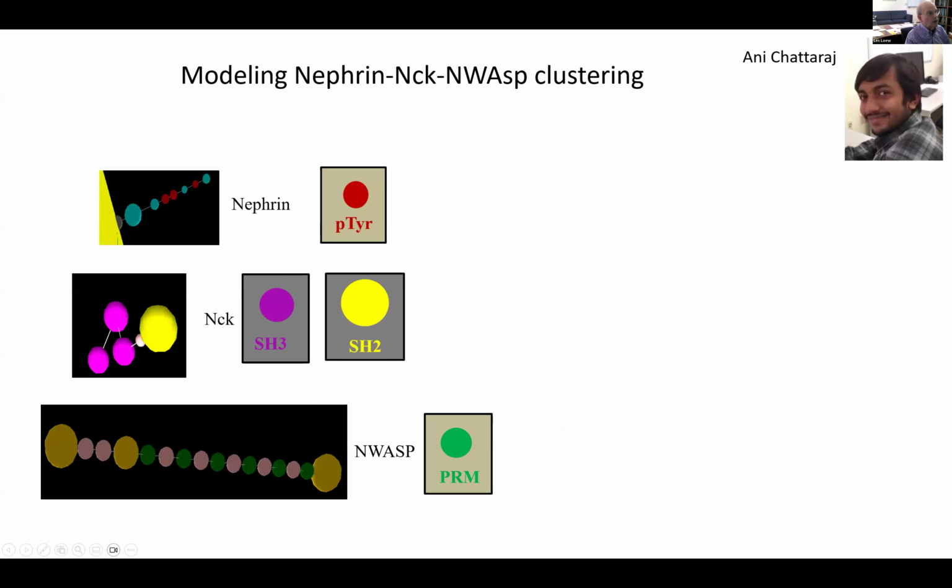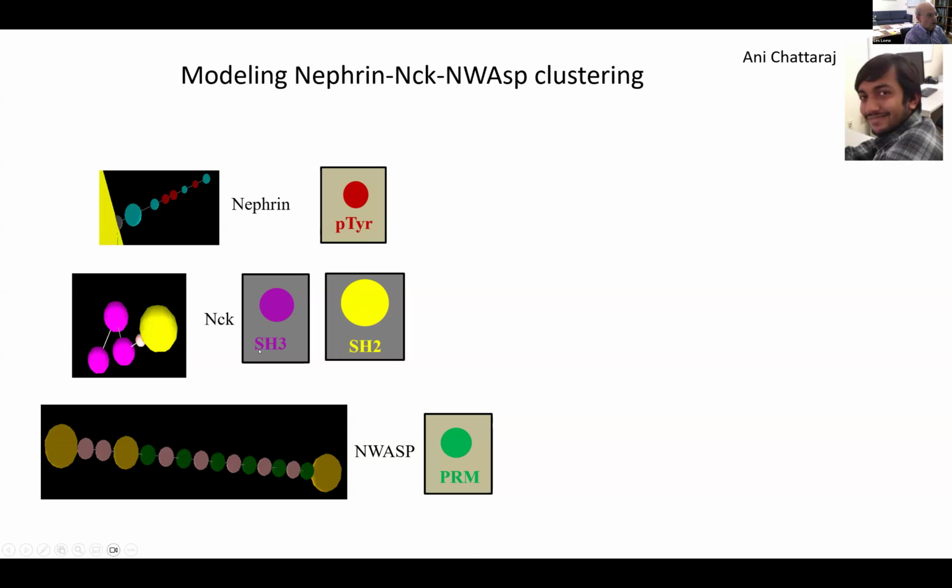So let's take a quick look at an example. This is based on some work from Ani Shadaraj when he was in my lab, modeling the nephrin-Nck-NWASP clustering system. So nephrin is bound to the membrane, and it has three phosphotyrosines. Each of those phosphotyrosines can bind to an SH2 domain on this adapter molecule called NCK.